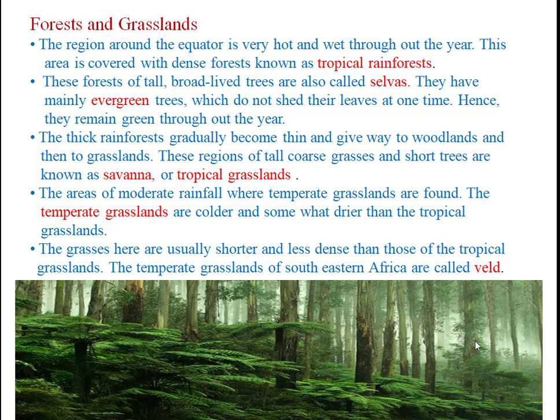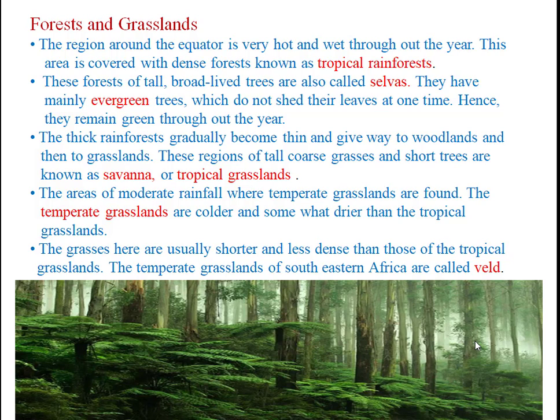The southeastern part of the African plateau, lying south of the Tropic of Capricorn, falls within a temperate zone. Here, there are areas of moderate rainfall where temperate grasslands are found.